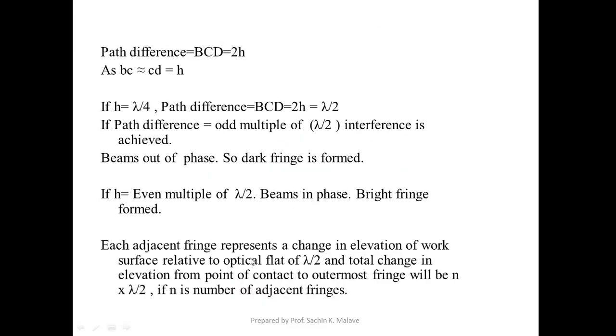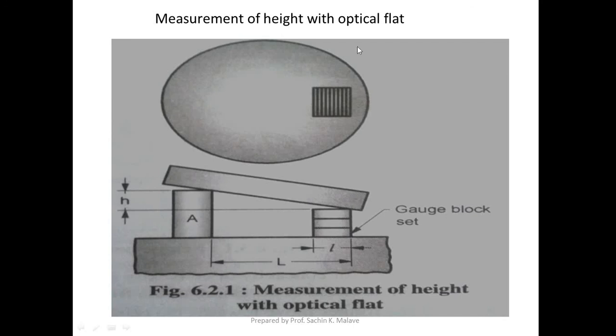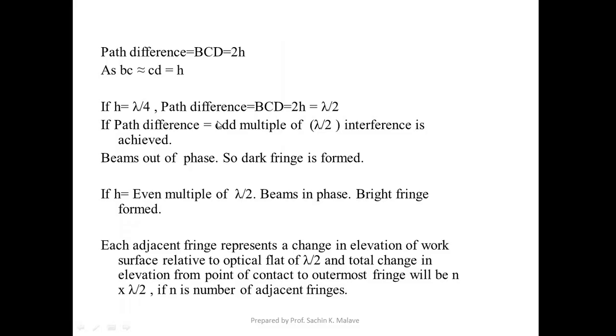If n adjacent fringes are seen in a fringe pattern, as I told you, this is a fringe pattern, you just multiply n by lambda by 2. Lambda is the wavelength of the light that you are using, and n lambda by 2 gives you the height difference between the optical flat and the workpiece. That can be easily found out.